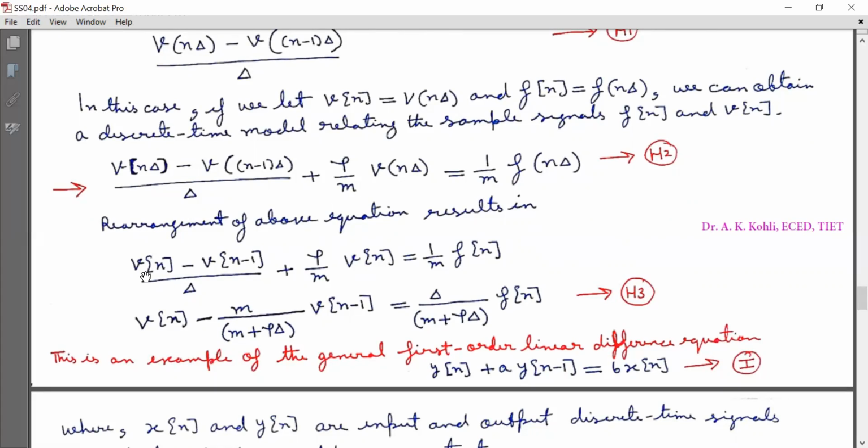So I can write this as (Vn minus V(n minus 1)) over delta plus rho by m Vn is equal to 1 by m Fn, and that is (m plus rho delta) by m times Vn minus V(n minus 1) is equal to delta by (m plus rho delta) Fn. Mark it as H3.